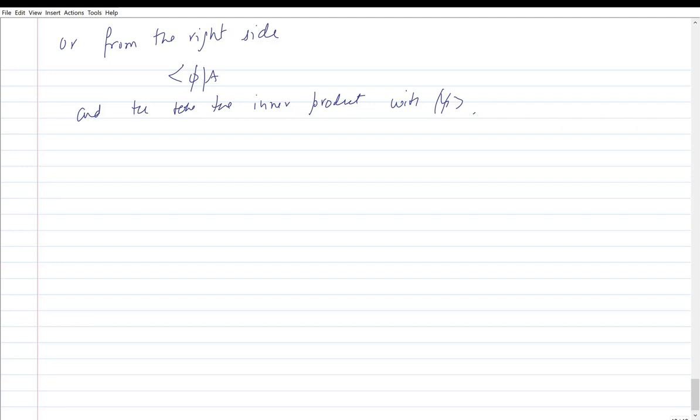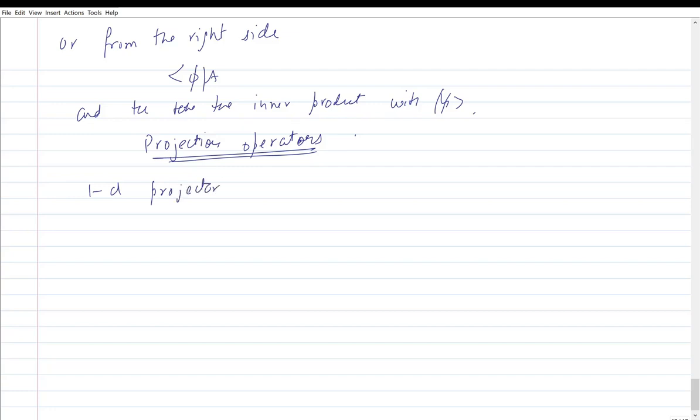So lastly, we come to projection operators. We've already seen projection operators when we briefly discussed measurements. So projection operators, essentially, let's consider one-dimensional projection operators.